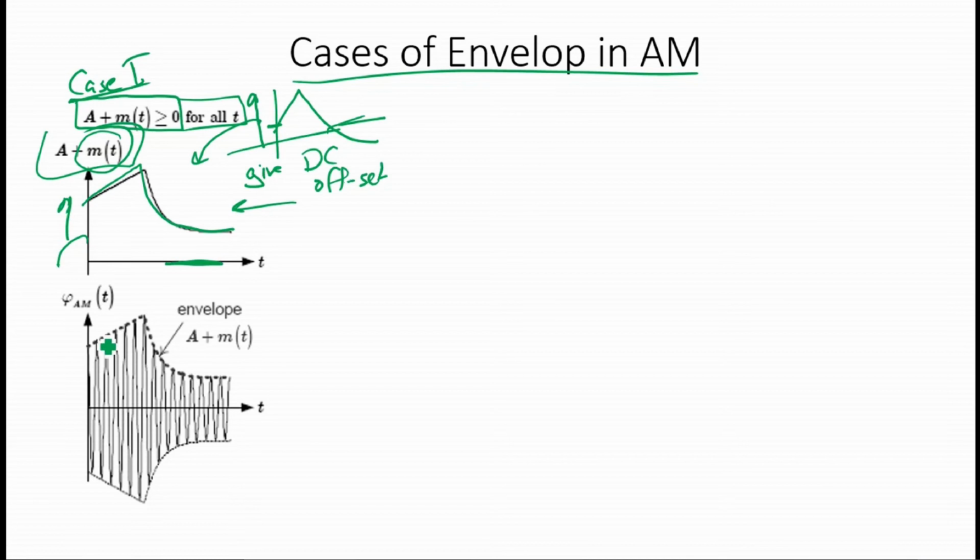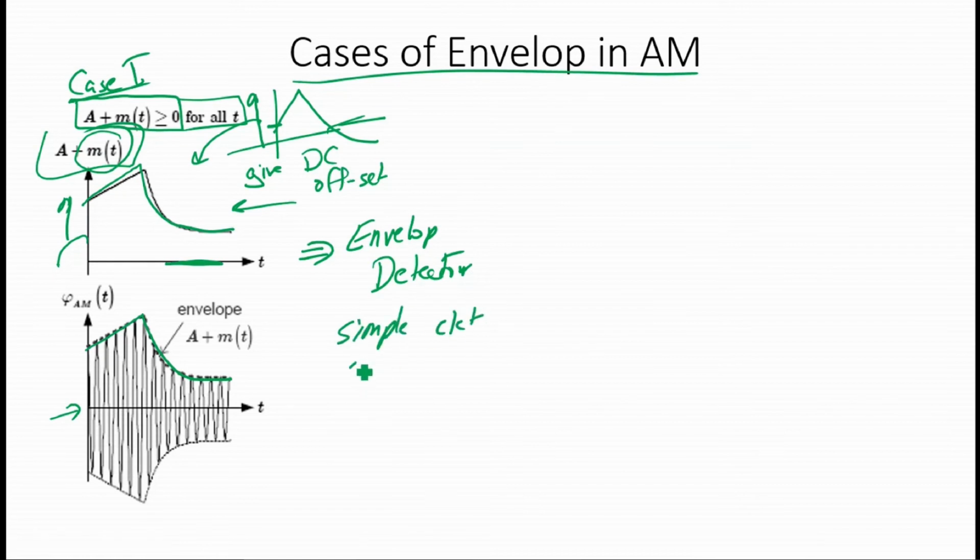And this is a very important statement. So when we have an envelope, the envelope will always be above the value of 0. So if it is always above 0, there is no 0 crossing. And if there is no 0 crossing, this means that we can use an envelope detector. And it is nothing but a very simple circuit that just needs one resistor, one capacitor, a low pass filter, and again one capacitor in series.